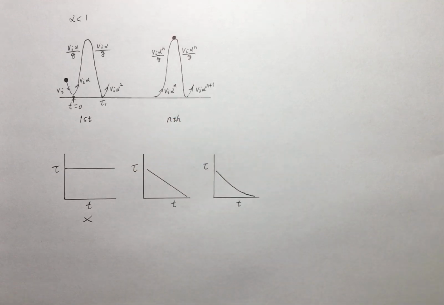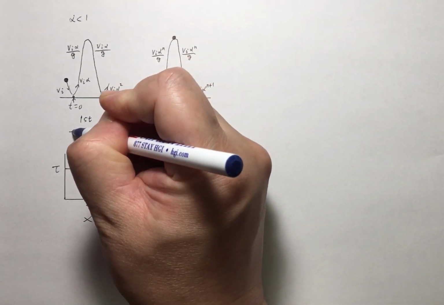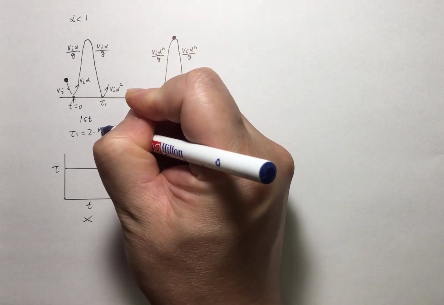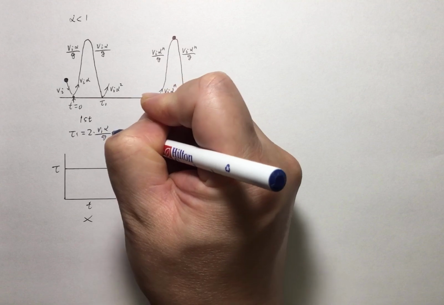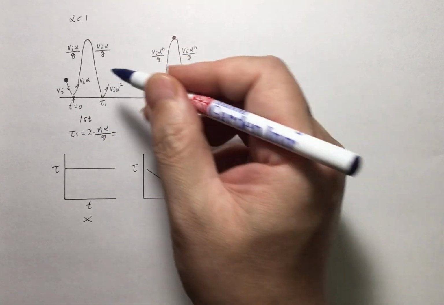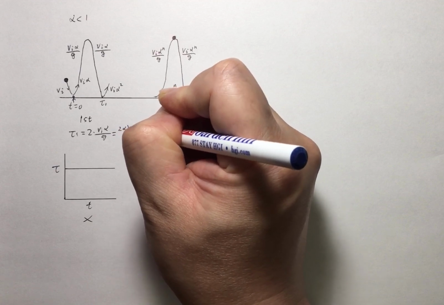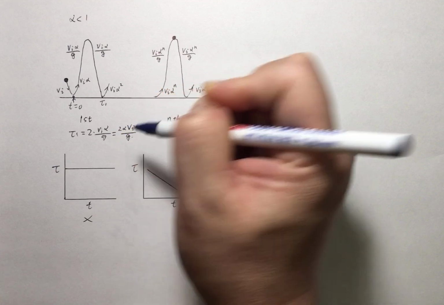So tau 1 is twice vi alpha over g, or let's write it a better way, 2 alpha vi over g.